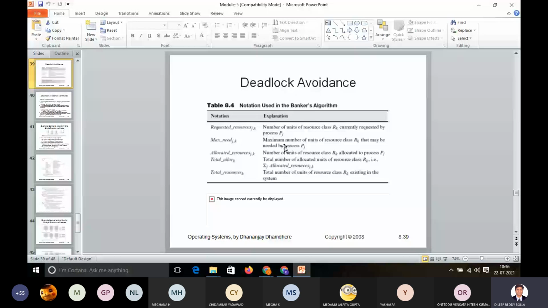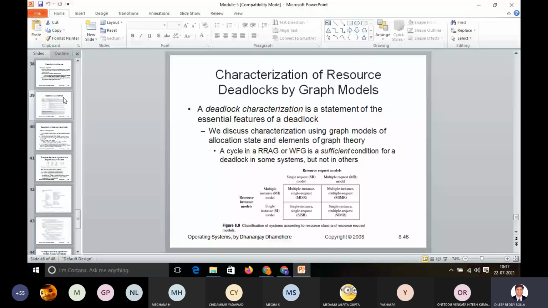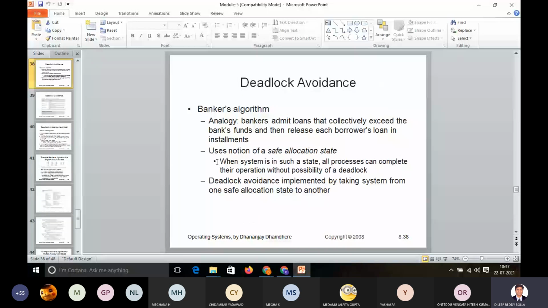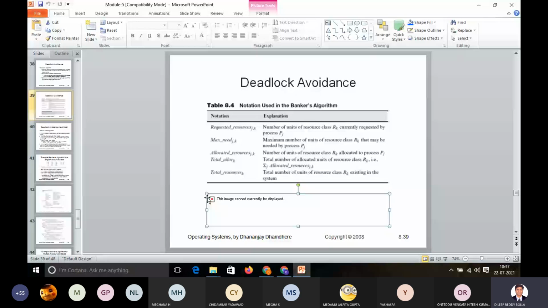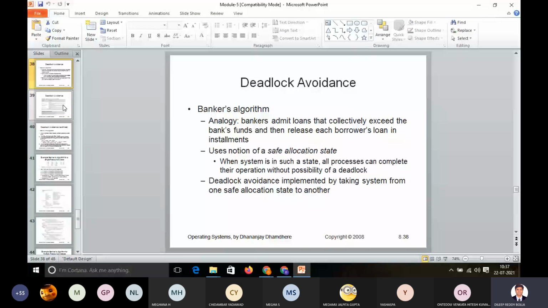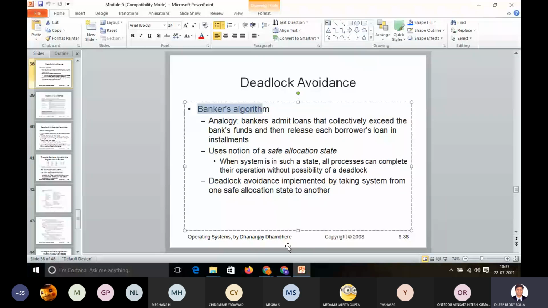We'll go through deadlock avoidance and resume from there with the Banker's algorithm. That's the objective. Next class we'll see what the Banker's algorithm is and how it will be helpful for us in avoiding deadlock.